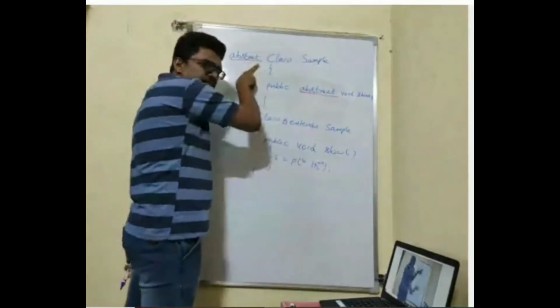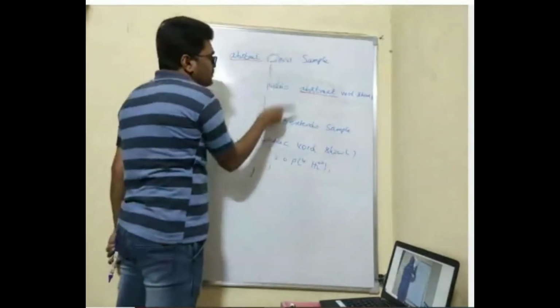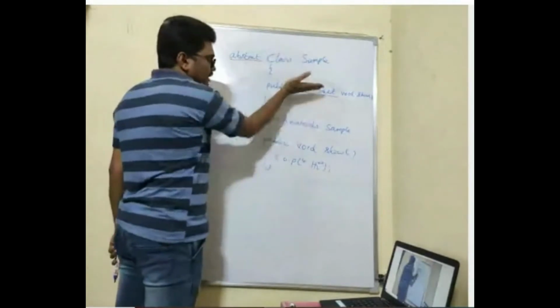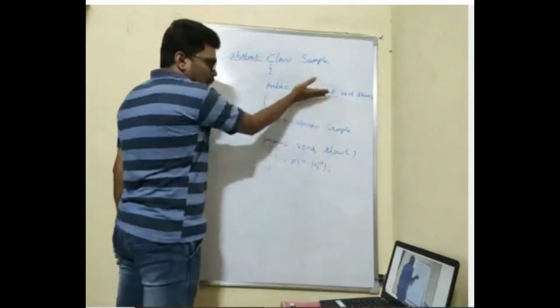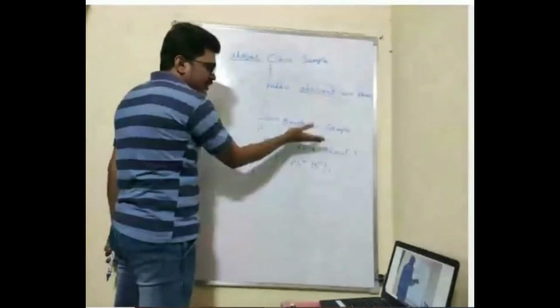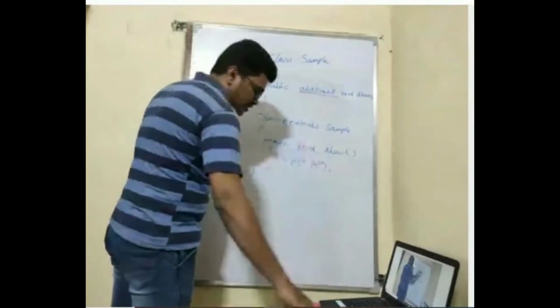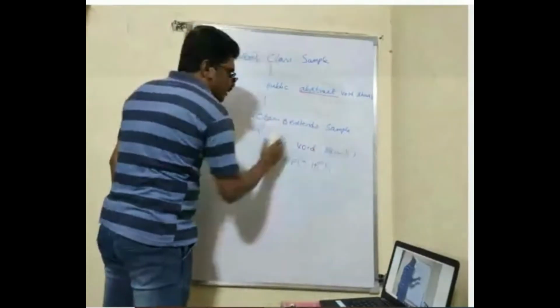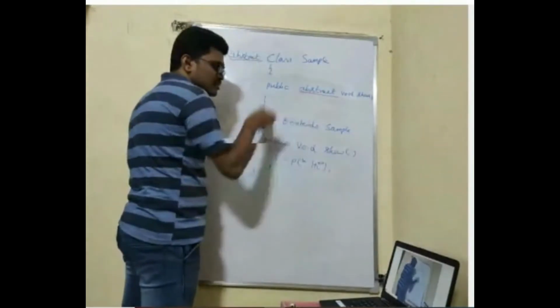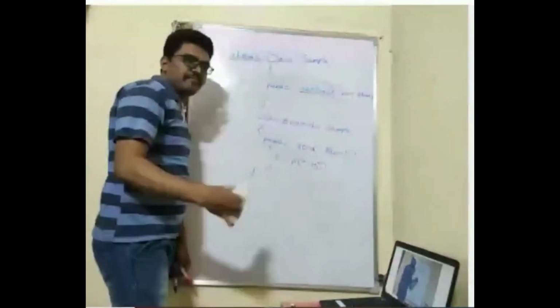And a class which is extending an abstract class should override the abstract method and write the implementation. If I am not writing it, I should make this also abstract. We'll discuss that later. Is it fine?